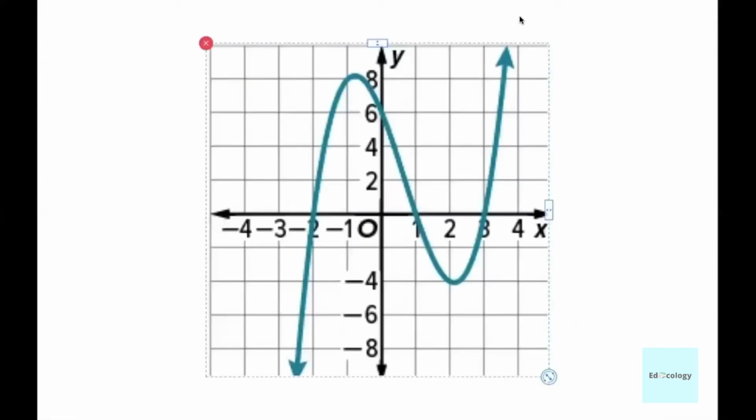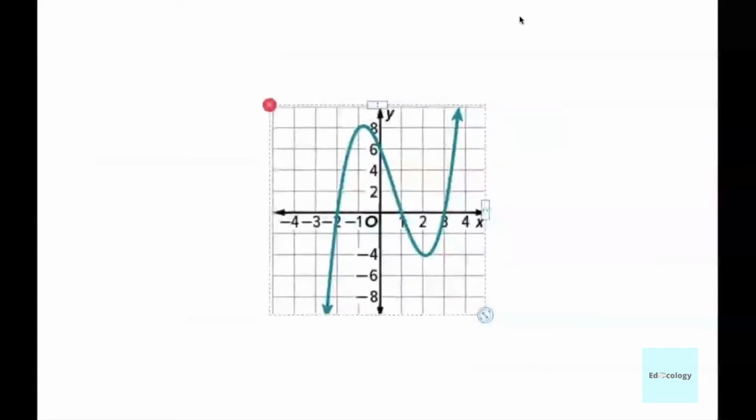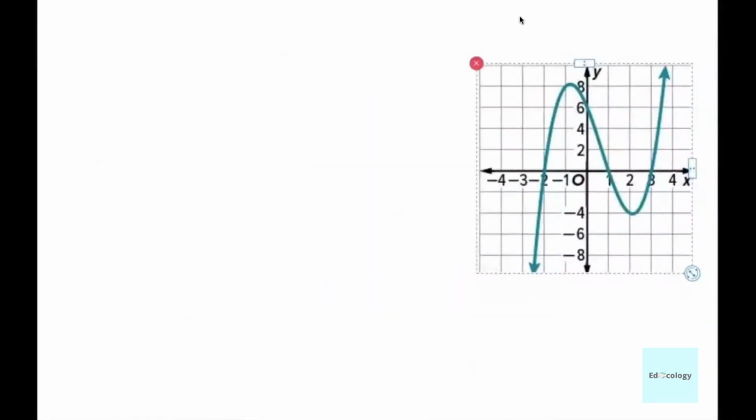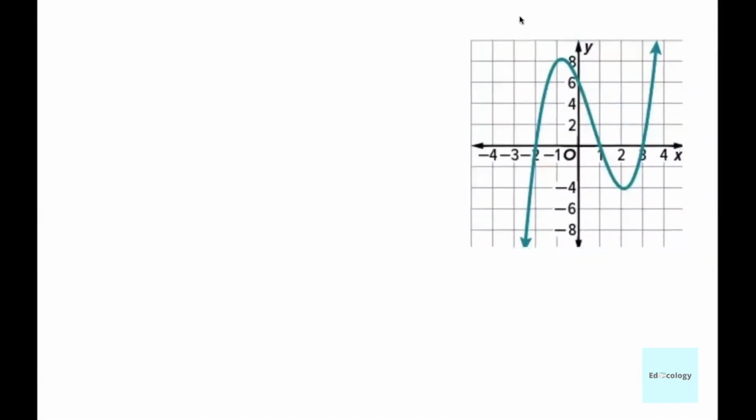Now, what if they give you the graph and you are basically supposed to write the polynomial equation. So here this is question number 42 in the same page, 290.